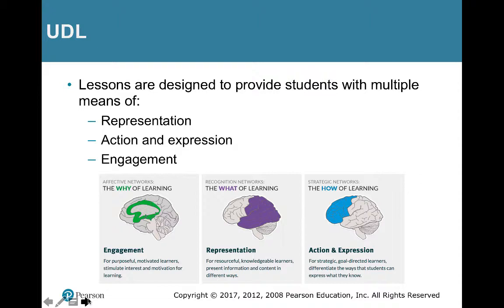But essentially what we're talking about is the development of curriculum and lessons that provide students with multiple means to represent their work, multiple ways to show what they're capable of, multiple ways to differentiate the ways they can express their work and different ways in which they can be engaged. So the learning is looking at these three areas. And that takes us through Chapter 1.